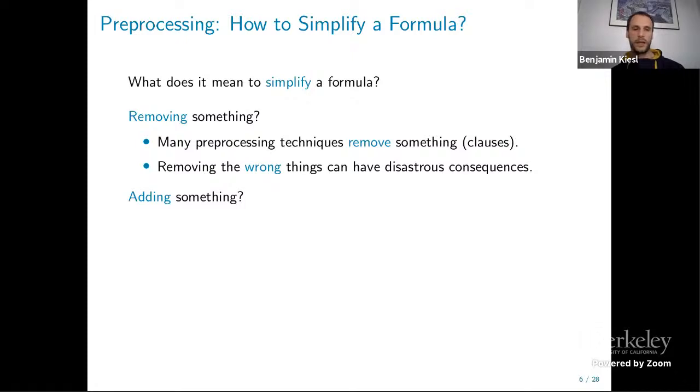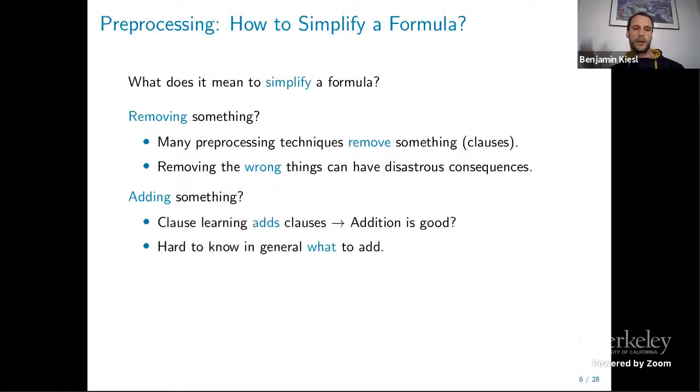Now, maybe you might want to add something if removing is not always good. Typical SAT solvers learn clauses during solving, so they add something. So you would think addition is good, right? But the thing is, especially during preprocessing, it's very hard to know what to add, when to add, and how to add.